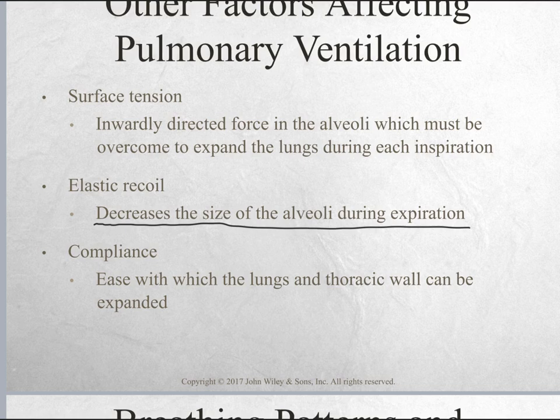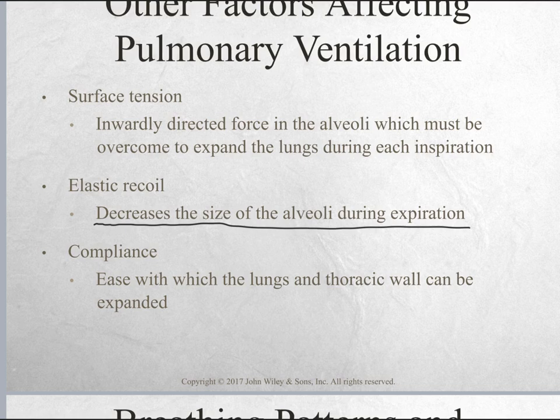This is why, look to your grandparents, your great-grandparents, as they have trouble walking up stairways and going for long walks, because they're losing these three things that are affecting pulmonary ventilation: the ability to control surface tension, they're losing that elastic recoil, and lastly, they're losing compliance, right? When you're young, you have great compliance.